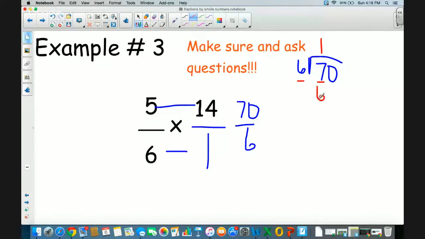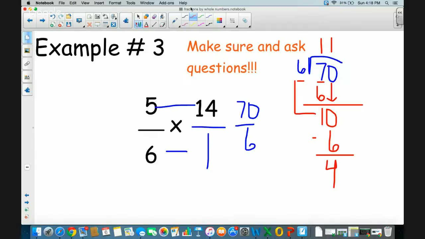Not everybody's paying attention. I'm going to wait till everybody starts watching the screen. 7 minus 6 equals 1. Bring down my 0. 6 goes into 10 1 time also. 1 times 6 is 6. And 10 minus 6 equals 4.